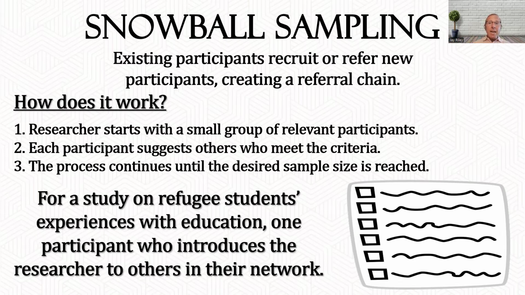So in this type of sampling, existing participants either recruit or refer new participants. So you get sort of a referral chain. You start with a small group of participants that are relevant to your study, and those participants suggest others. Okay, and that continues until you meet the desired sample size.